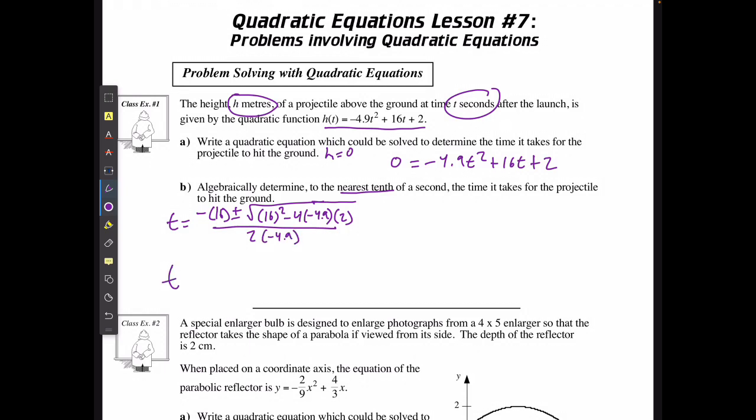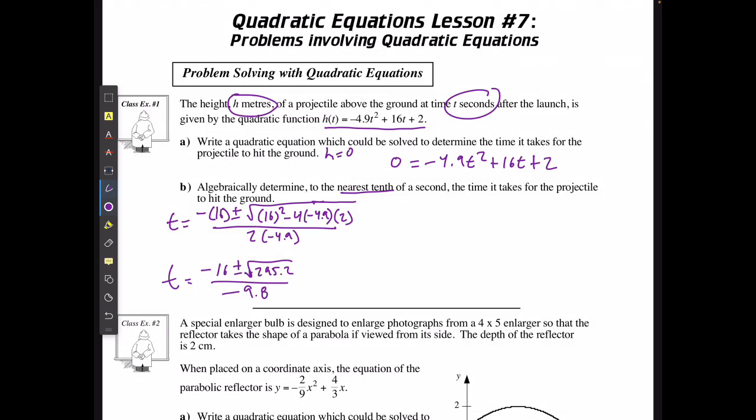This is going to give me negative 16 plus or minus the square root of 295.2, all divided by negative 9.8. Now, there's two possibilities here.